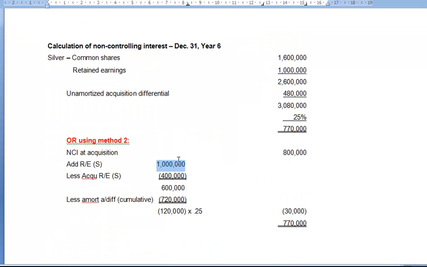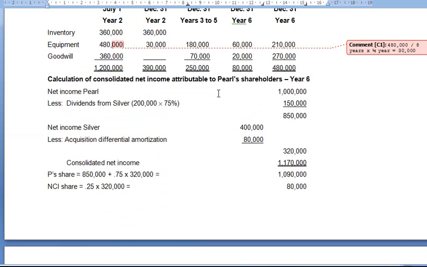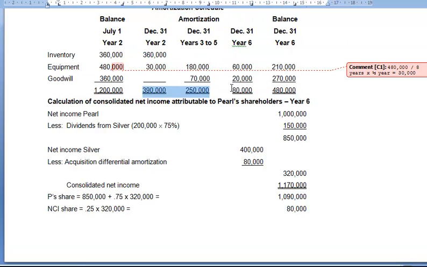So I'm taking the retained earnings of the sub at the end of year 6, deducting the retained earnings of the sub at the date we became related, because we're only interested now in the 600,000, which is post-acquisition, but we're going to adjust it for the cumulative acquisition differential as at that date. So how much is amortized? Well, don't forget, you had 640 here until the end of year 5, but now you've got an additional 80 at the end of year 6, right?